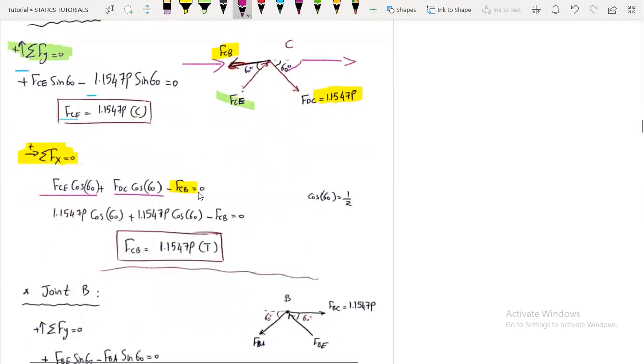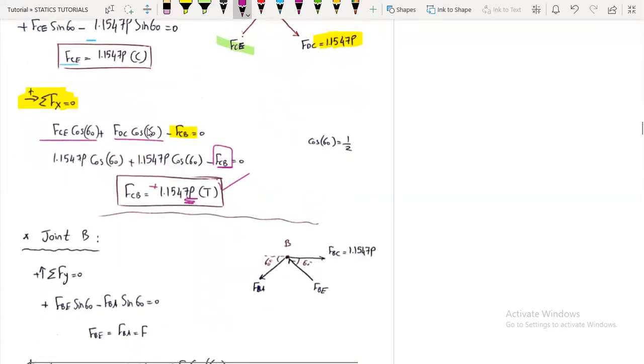So now we are left with one equation, one unknown, and the answer will be in terms of P, a positive value. So our assumption as a tensile force is correct. Here you can say FDC and FCE have the same value, and cosine 60 is half, so 2 of this value over 2 will give us the same value.